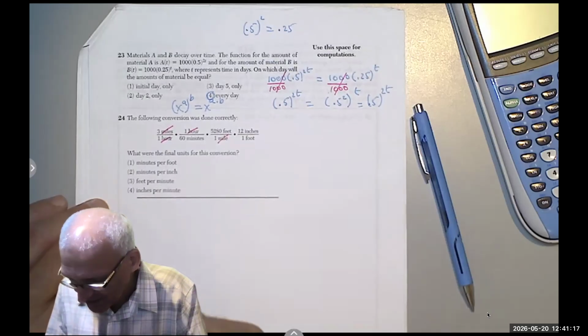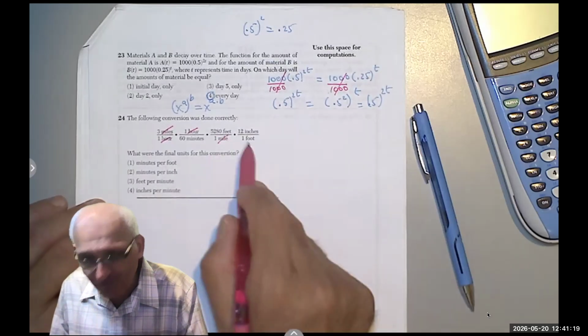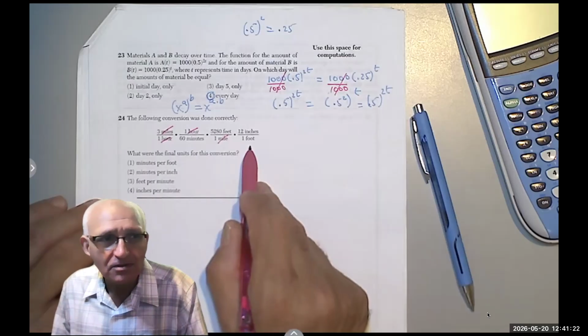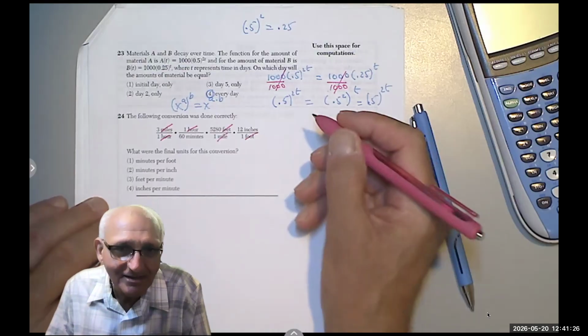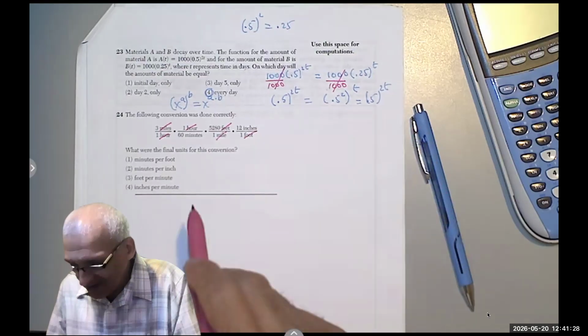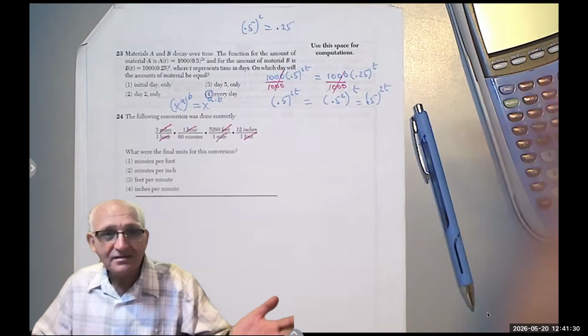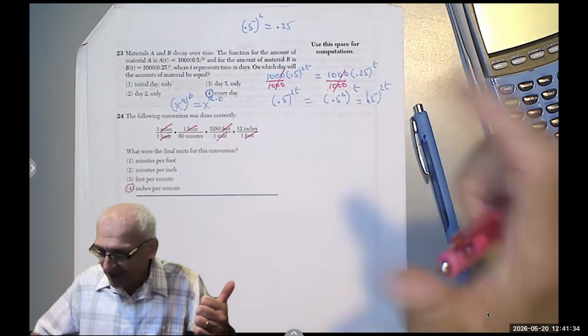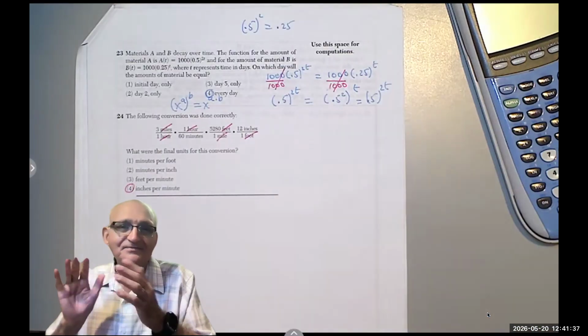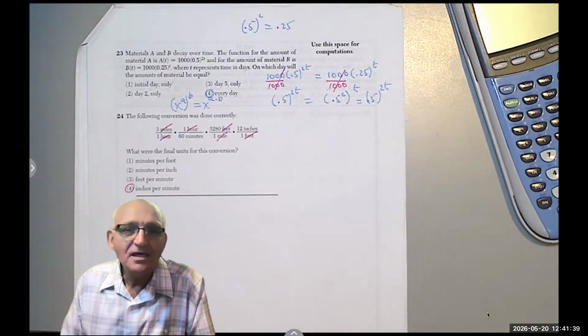So you cancel them out. You have feet and foot. One is plural, one is singular, same unit. I don't care, right? So it's inches per minute. See how easy it is? Inches per minute is number 4. We are done. And that's part 1.